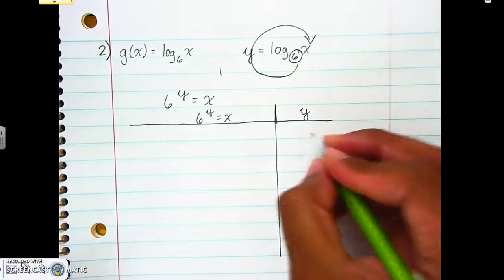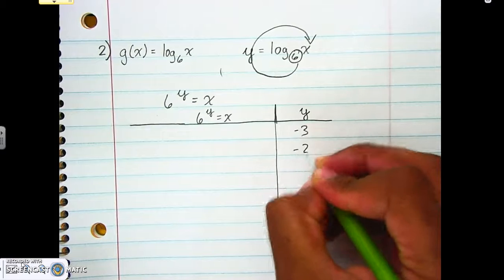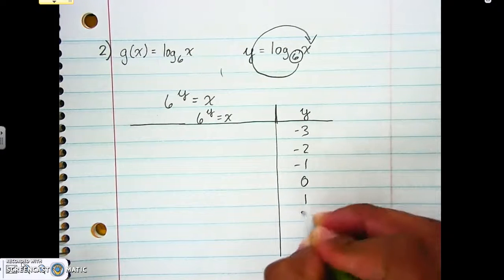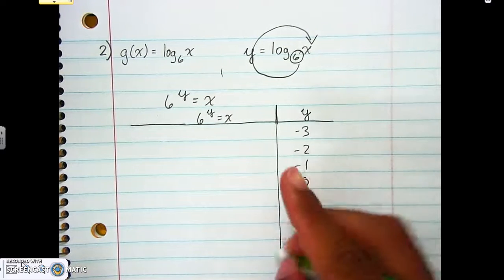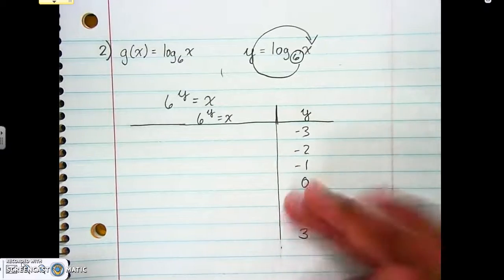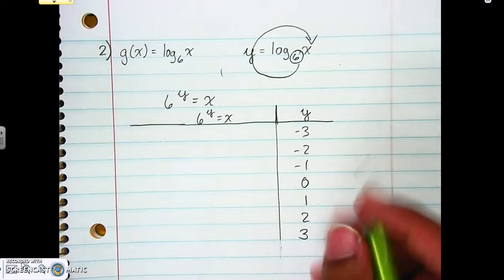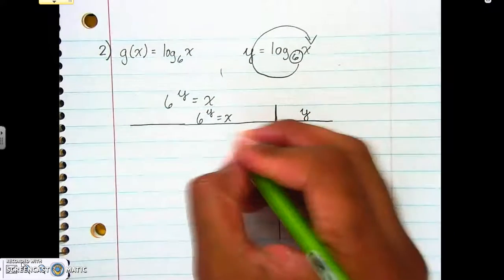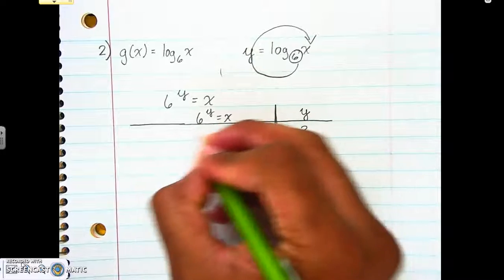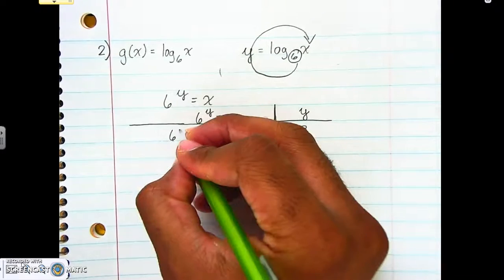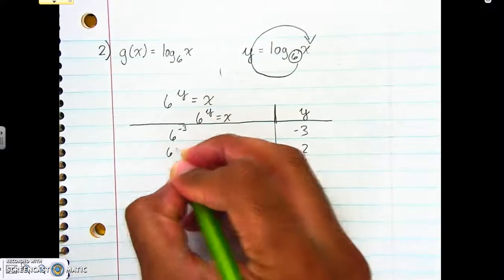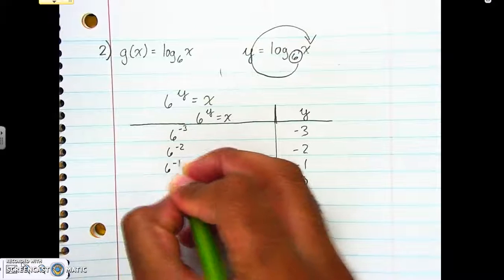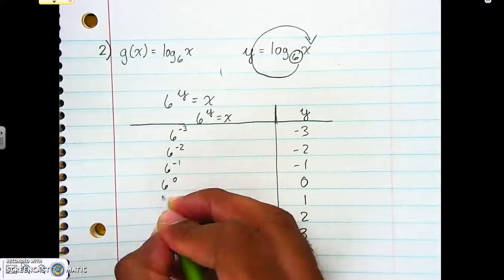It's the same numbers. So -3, -2, -1, 0, 1, 2, and 3. Again, for log, your y values are these every time, and then your x values are here. Just fill all those numbers in.